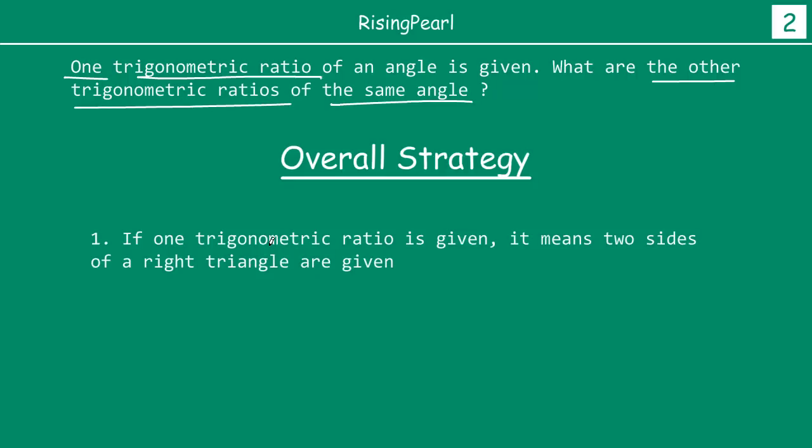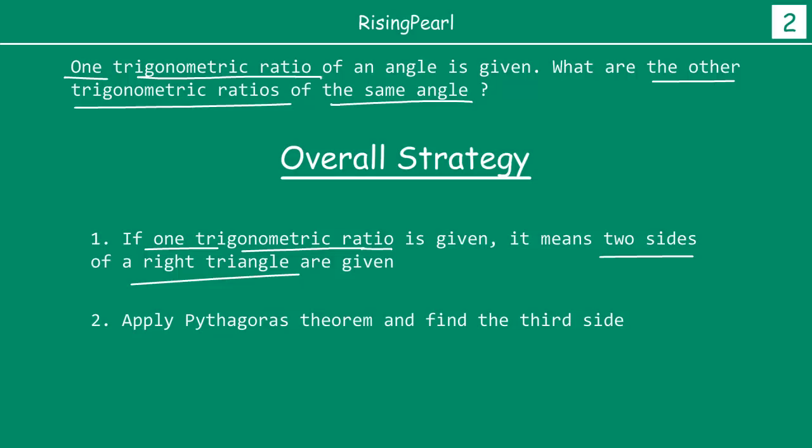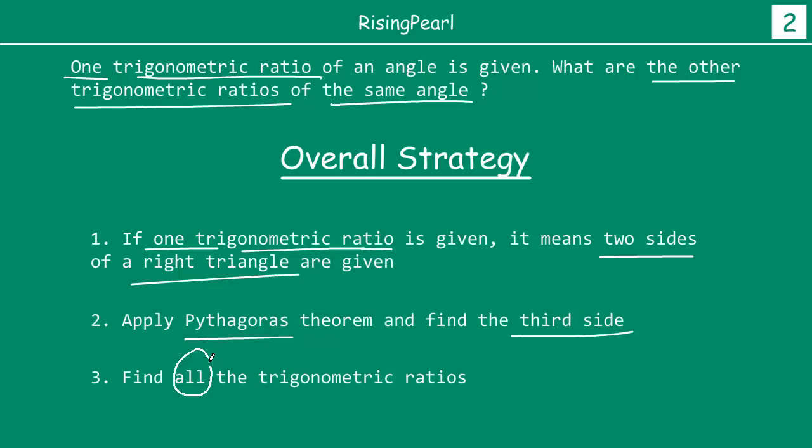Well, if one trigonometric ratio is given, it really means two sides of a right triangle are given to us. Then applying Pythagoras theorem we can find the third side. The moment we find the third side of a right triangle, then we can find out all the trigonometric ratios in that right triangle.